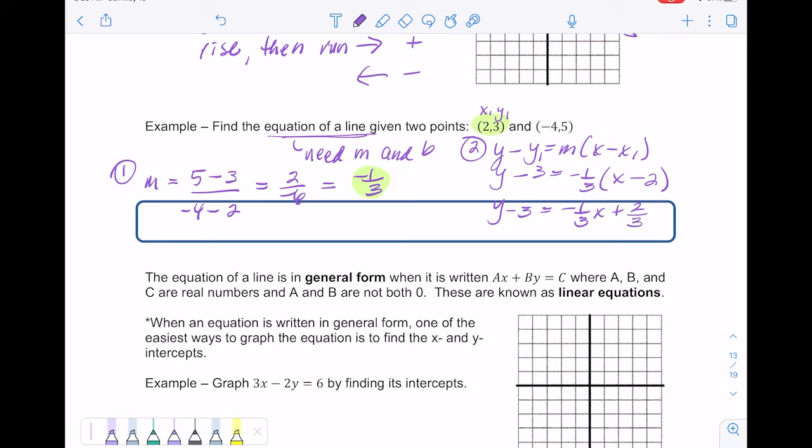And I need to write this in slope-intercept form, y equals mx plus b. So I need to now add the 3. So I would get y equals negative 1/3 x plus 2/3 plus 3, which is really just 3 and 2/3.